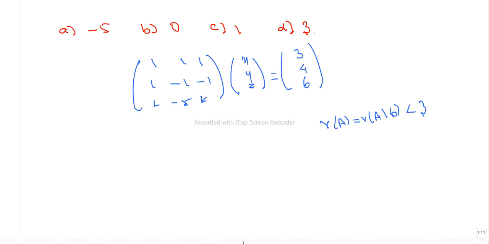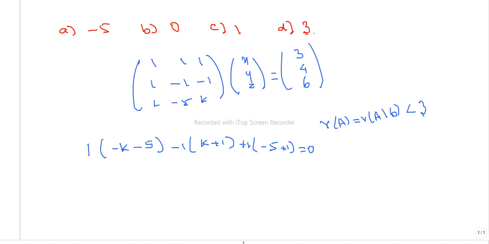So we can find the determinant: 1 into minus k minus 5, minus 1 into k plus 1, and then plus 1 into minus 5 plus 1.